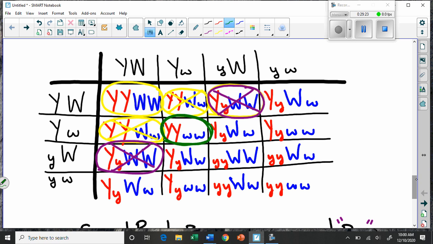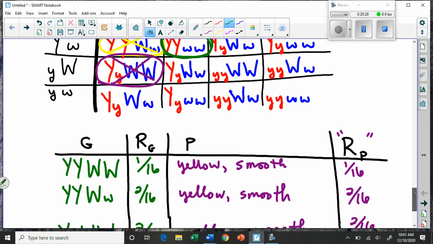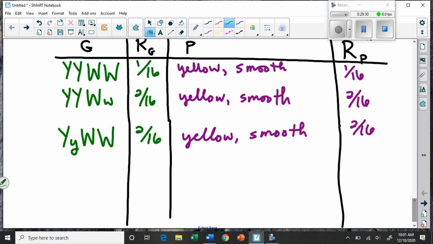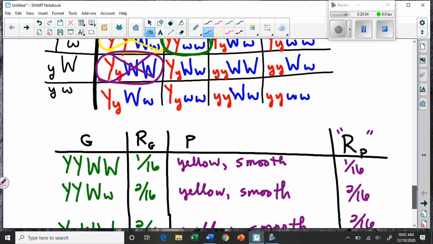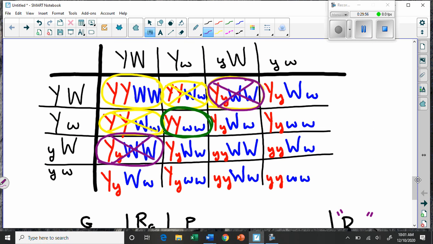There's only 1 cross where that can happen. Okay, I guess we're all right. One out of 16. The phenotype for that is going to be yellow, but this time wrinkled. Yellow and wrinkled. 1 out of 16. So far, so good.